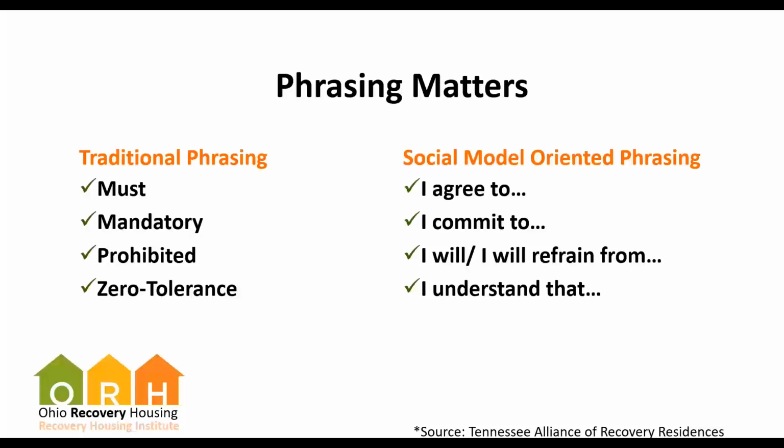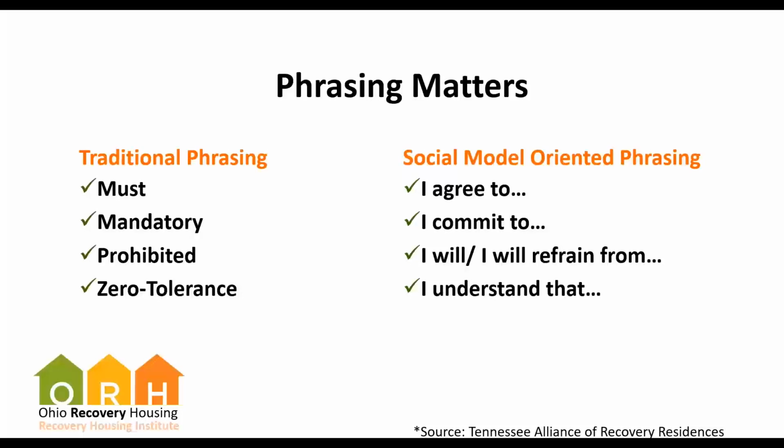So instead of using phrasing like must, mandatory, prohibited, or zero tolerance, phrase things in I statements where the resident agrees to uphold policies and procedures. For example, instead of stating that something is prohibited, phrase it as a statement where a person agrees to refrain from participating in specific activities. And instead of invoking potential feelings of helplessness, there's more of a feeling of participation and agreement.